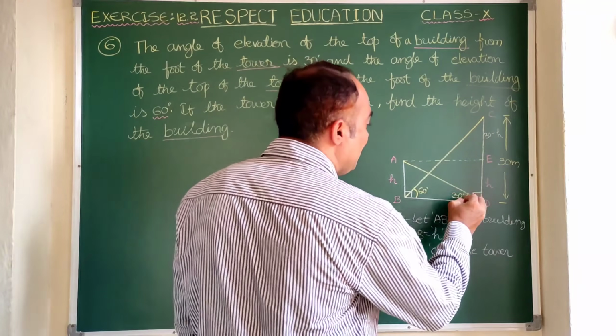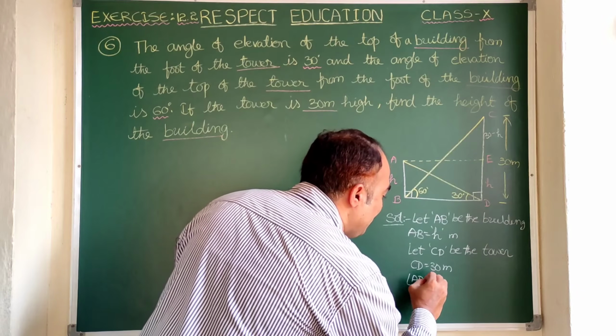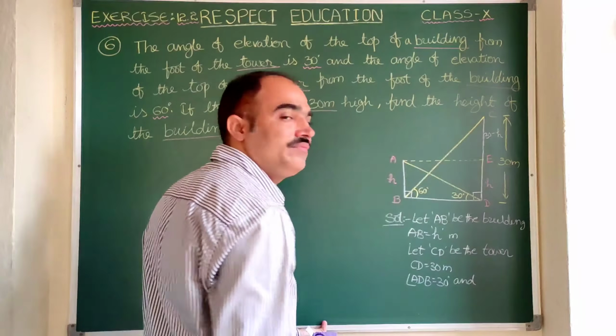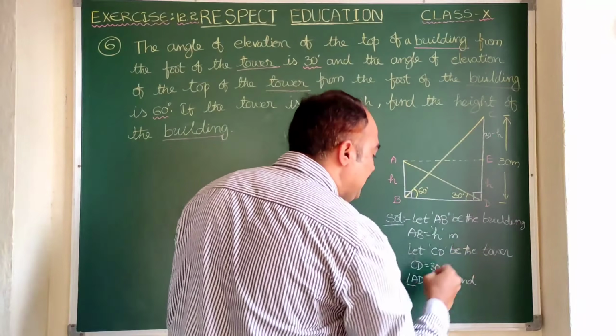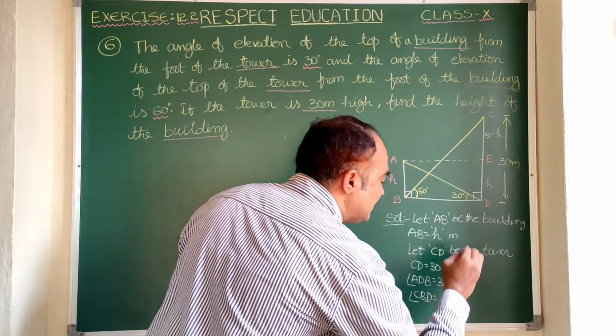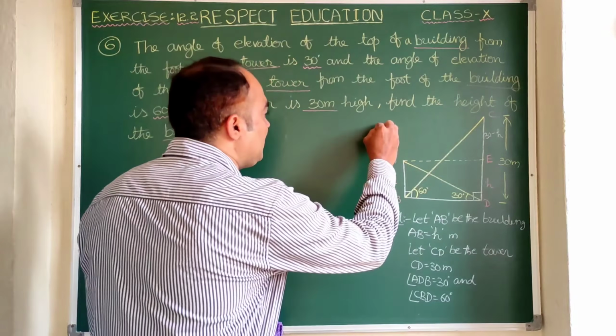Also given angle ADB is equal to 30 degrees, and angle CBD is equal to 60 degrees. Now we are asked to find the height of the building.